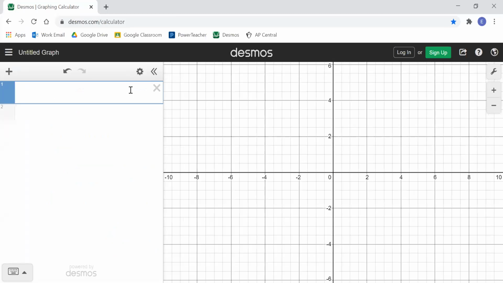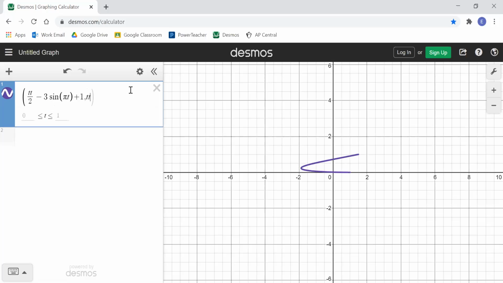And so we could go in if we wanted to real quick and look at this. Now I've forgotten what we had. We had our x was t squared over 2, right? Minus 3 sine pi t, plus 1 for that one. And then what was our y component? It was t squared plus cosine pi t plus, what do we have to add to that one?